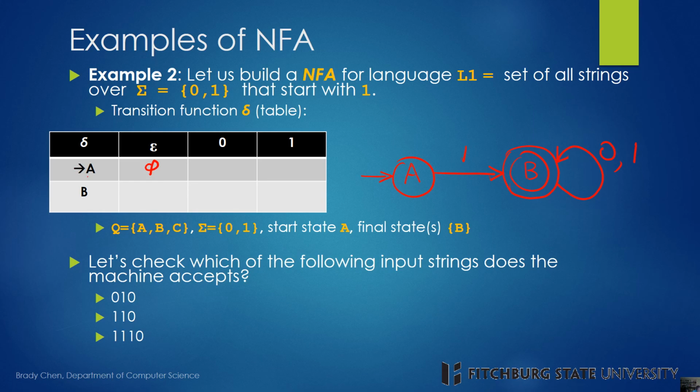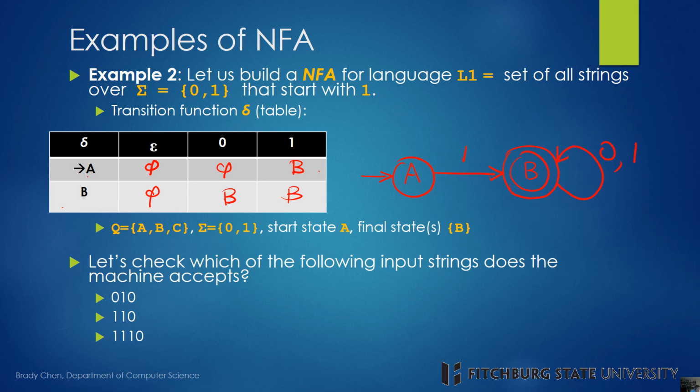If the current state is A and the input is 0, it goes nowhere. If the current state is A and the input is 1, it goes to B, which is the final state. For B, if there's no input, it goes nowhere. If there's input 0, it stays in B. Input 1 stays in B. Pretty simple, right? It's much simpler than the deterministic finite automata that does the same thing.